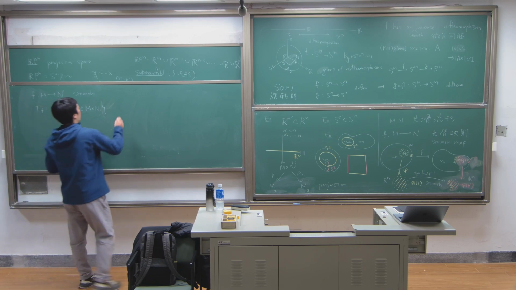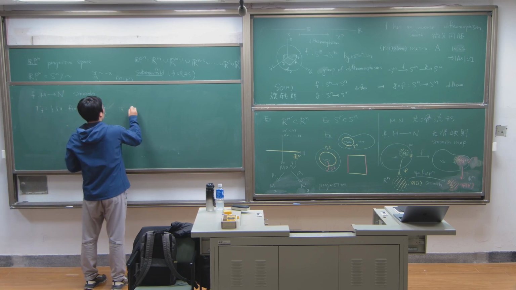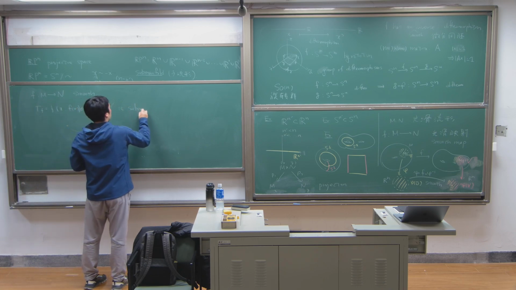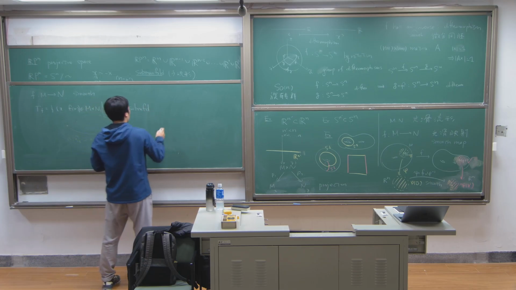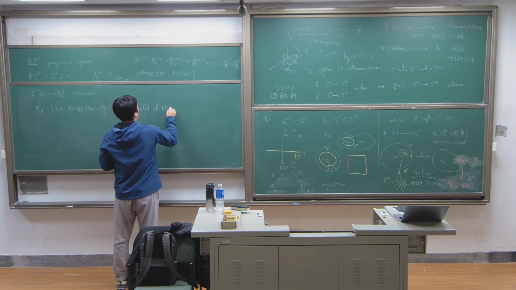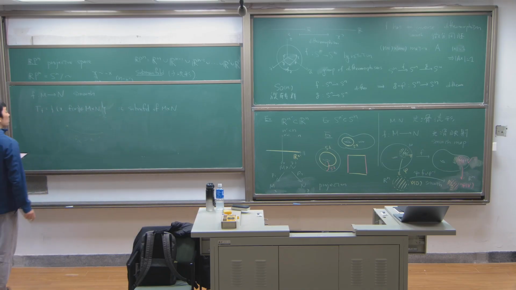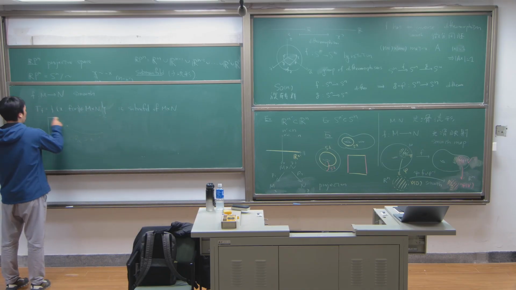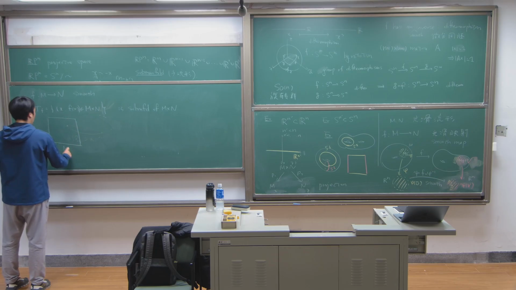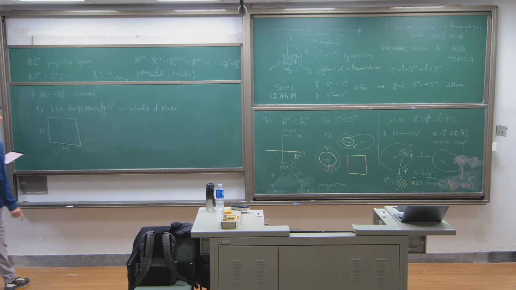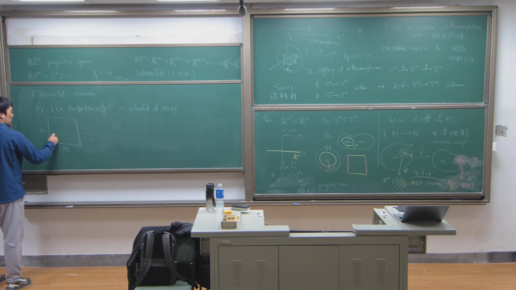Is the submanifold of this product manifold. So for instance, if you have M and N, each point here can be mapped to N. For instance, this point is mapped to this point.